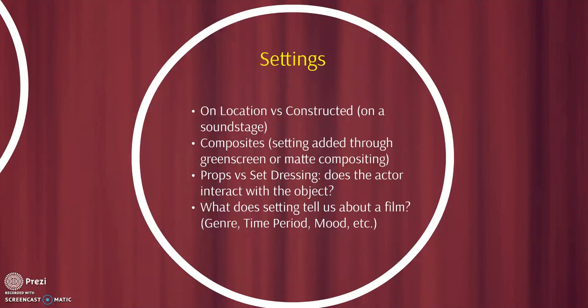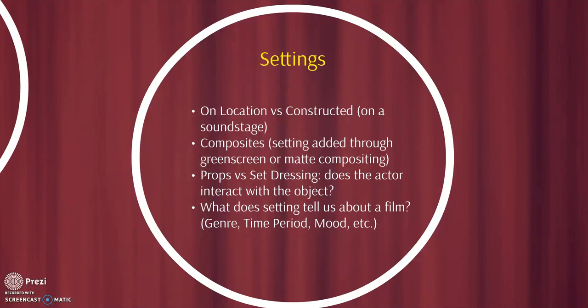So setting can tell us a lot about a film before any characters open their mouth, before we know anything about the narrative. Another thing that can tell us quite a lot about the setting is the way that it is designed and constructed. So any given setting or area that a film is being shot in is going to have a combination of props, also known as properties, and set dressing or set decor.